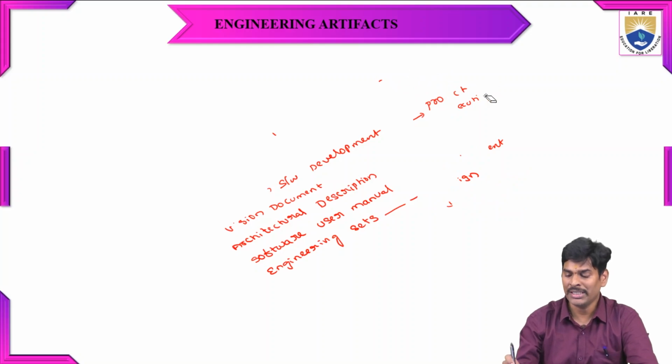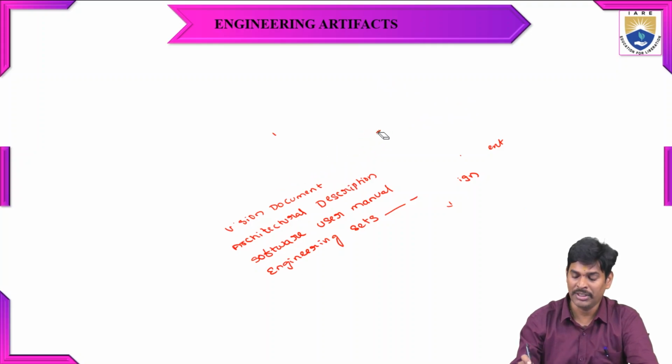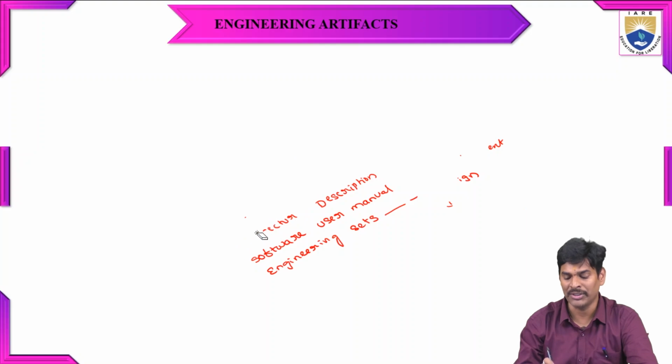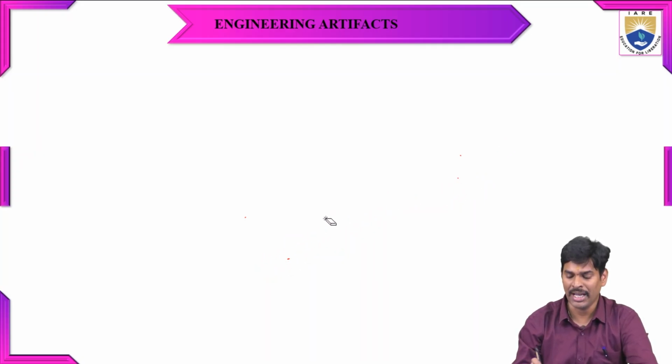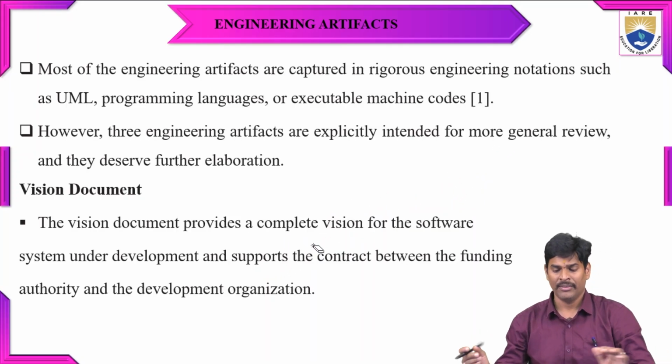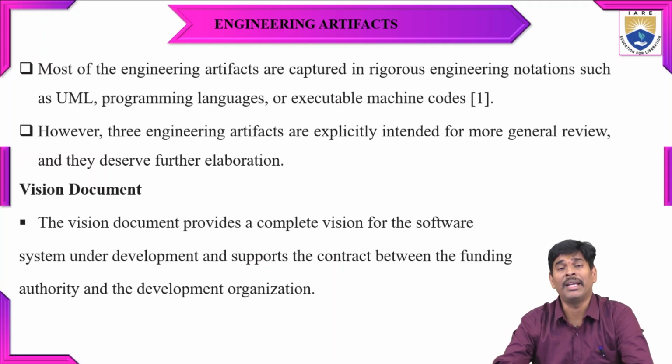So today we are going to discuss these engineering artifacts. The first one is the vision document. We know that engineering artifacts or sets are mainly used for visualizations, and can be implemented with UML diagrams.